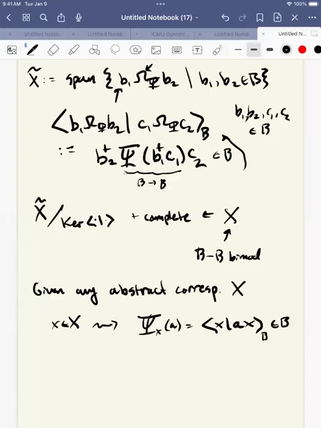Matrix coefficients from the correspondence actually are non-local operators instead of being states. Instead of giving you an expectation value on all the observables, it's giving me a non-local operator that maps B to B.